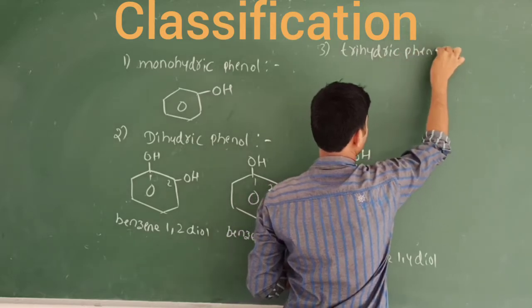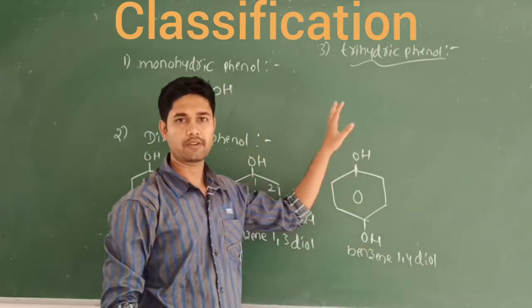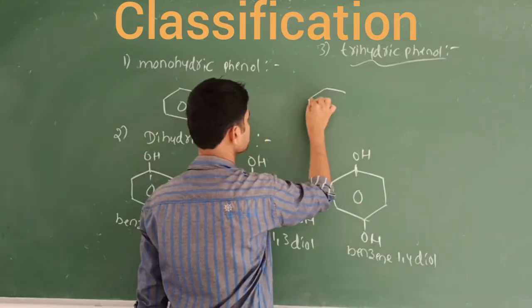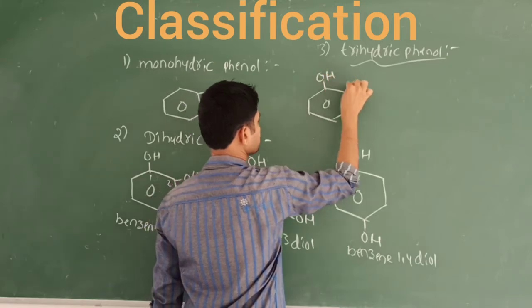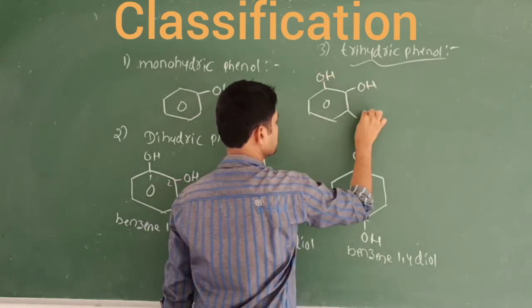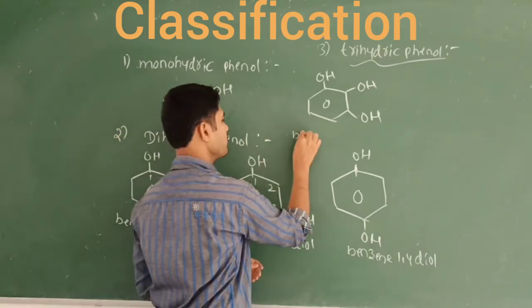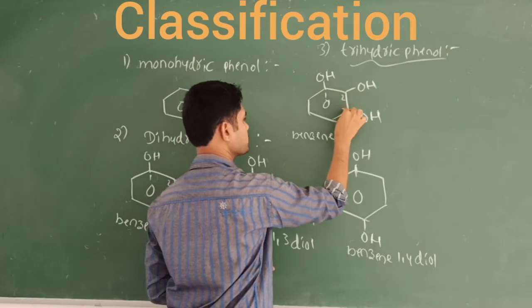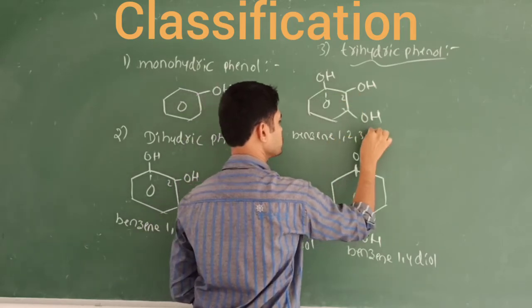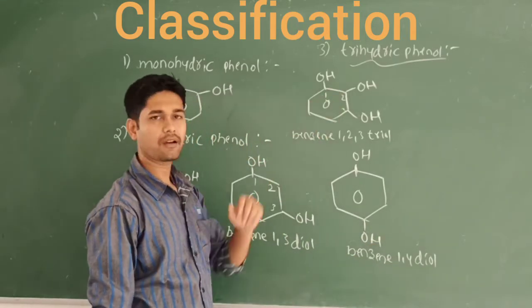As the name indicates, three hydroxyl groups are attached to the phenol compound. The first one will be like this. Its name is benzene 1,2,3-triol. This is an example of a trihydric phenol.